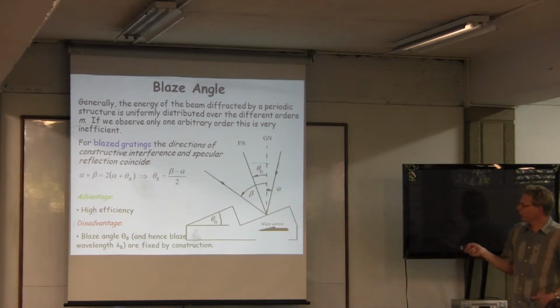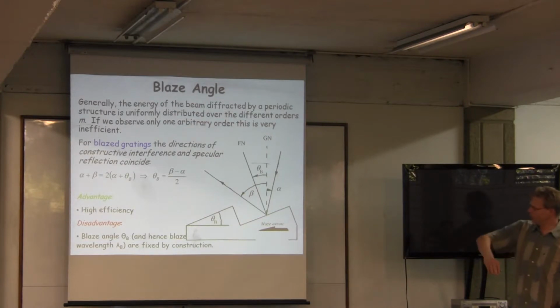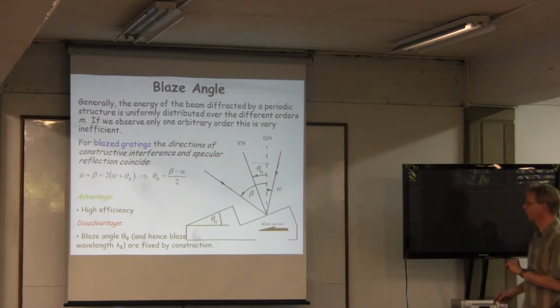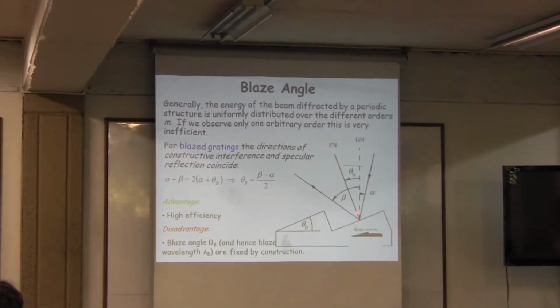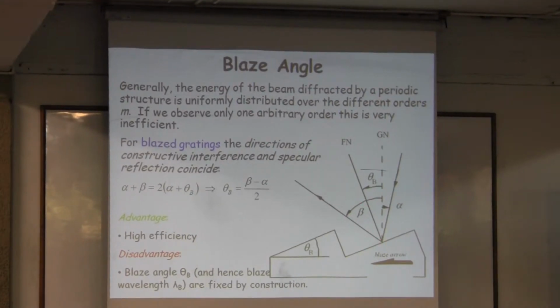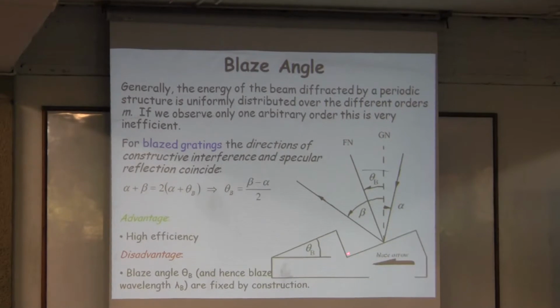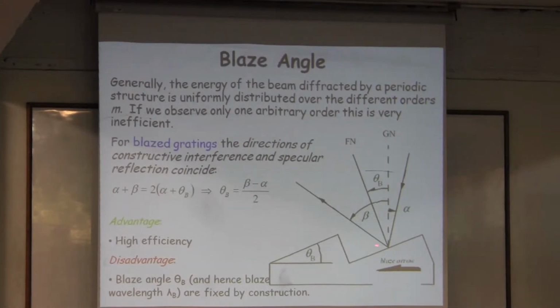And there is one requirement, and now we come back to where we don't talk about the grating normal, but the normal to the surface, the tilted surface of the individual grooves of the grating. You can imagine that if you have the incoming beam at an angle which is the same as the outgoing, reflected beam with respect to the normal on top of the surface of the groove, then this process is very efficient.